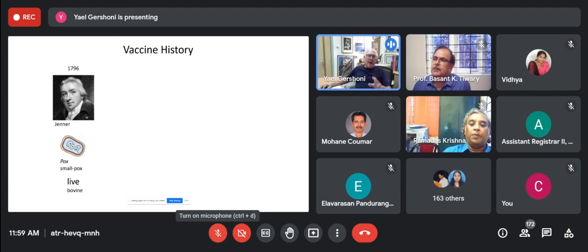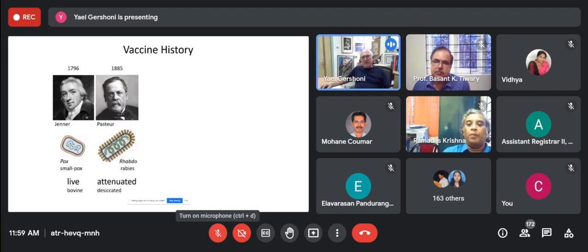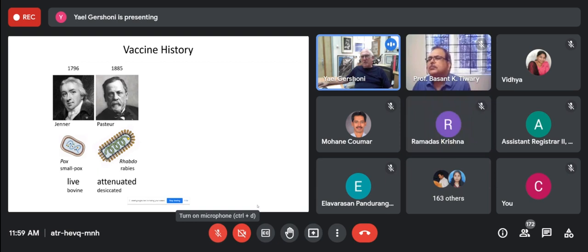Now, the next milestone in the development of vaccines is, of course, Louis Pasteur. And Louis Pasteur in France in 1885 used an attenuated version of human rabies virus. He and his colleague, Emile Roux, developed a method by which they could slowly desiccate the spinal cords of infected rabbits.